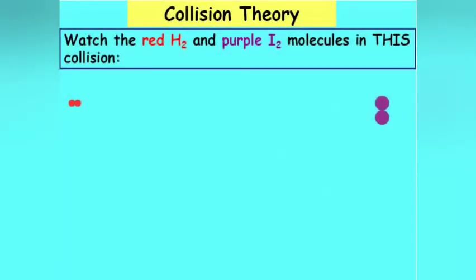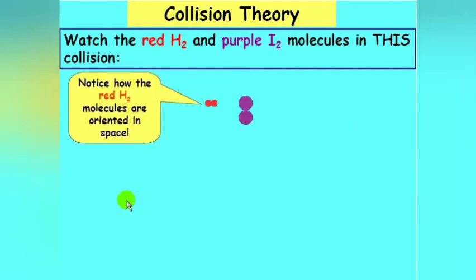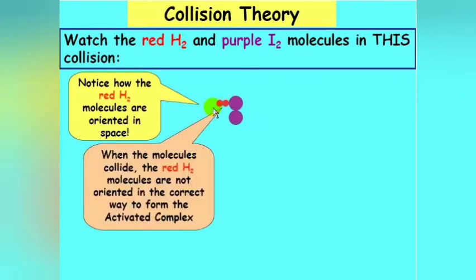Okay, watch this collision between H2 and I2 molecules. Was this collision effective? No. Why not? Well, let's take a closer look. Notice how the red H2 molecules are oriented in space, like that.